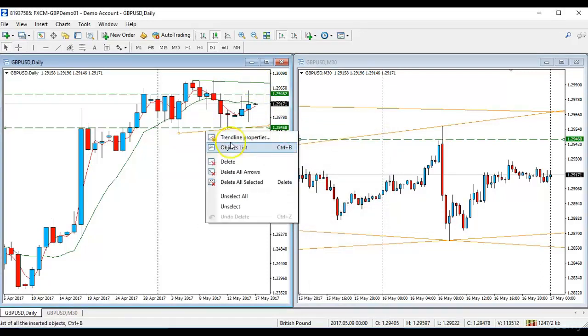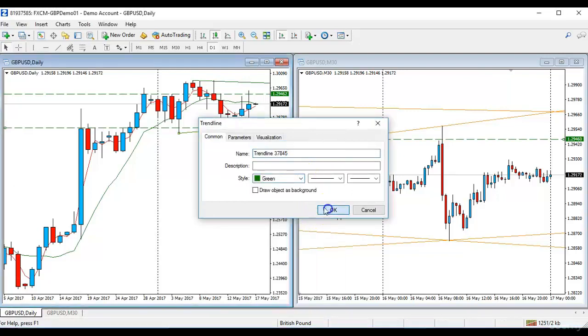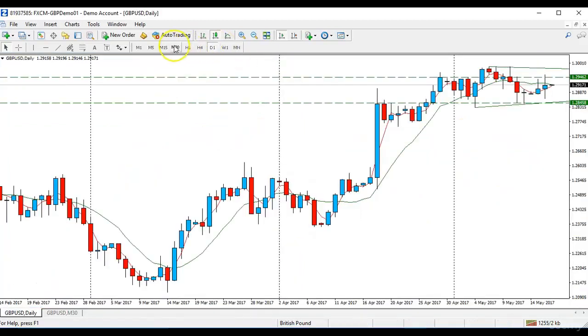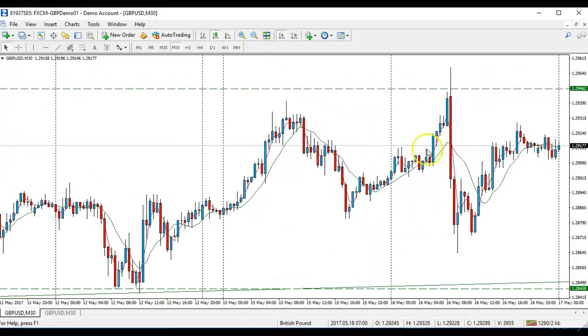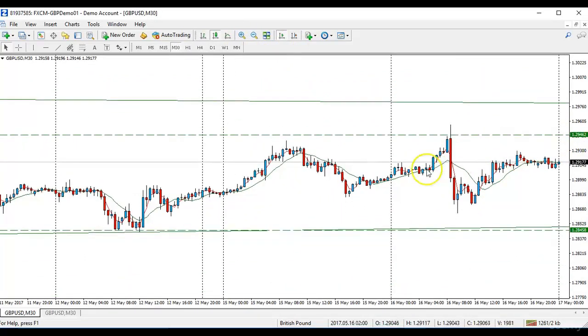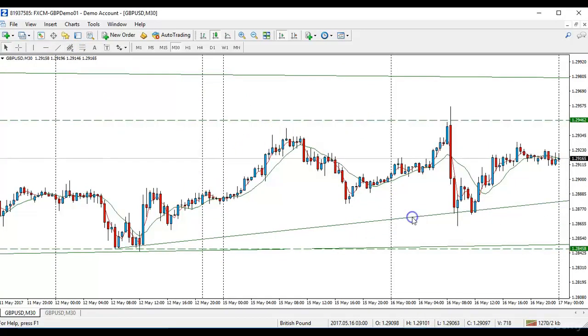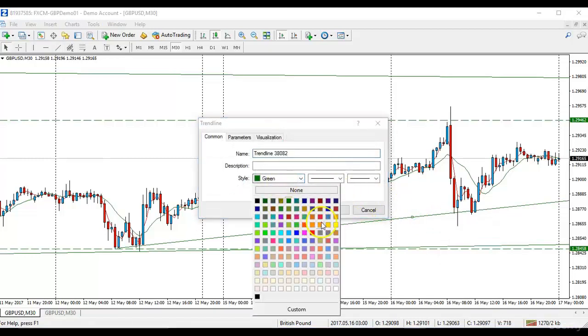Then if I go down to the 30-minute chart, I can now see the daily support and resistance on this chart, and I can overlay the 30-minute trend lines.